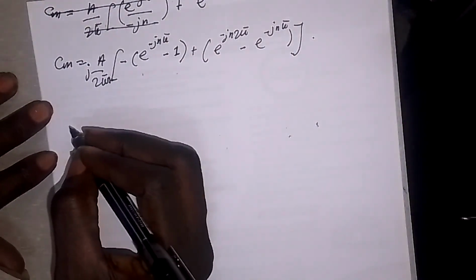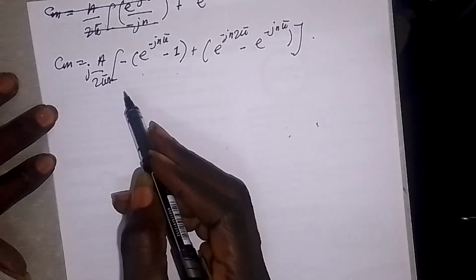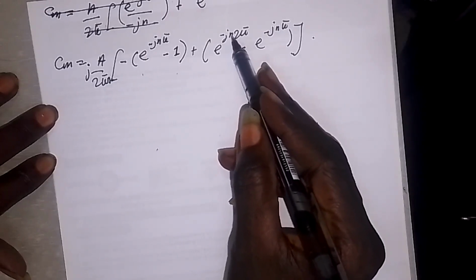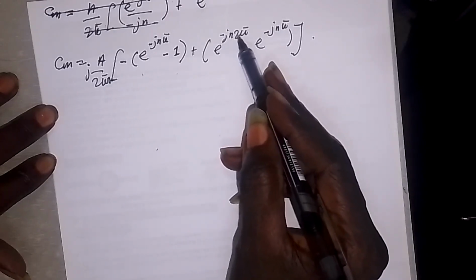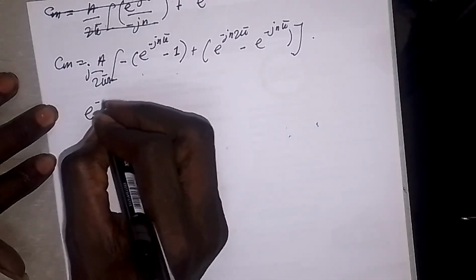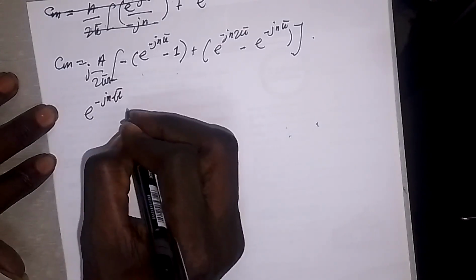From this stage, we have to determine the value for e exponent minus jn pi and e exponent minus jn 2 pi. First, let's write e exponent minus jn pi. What is this term?